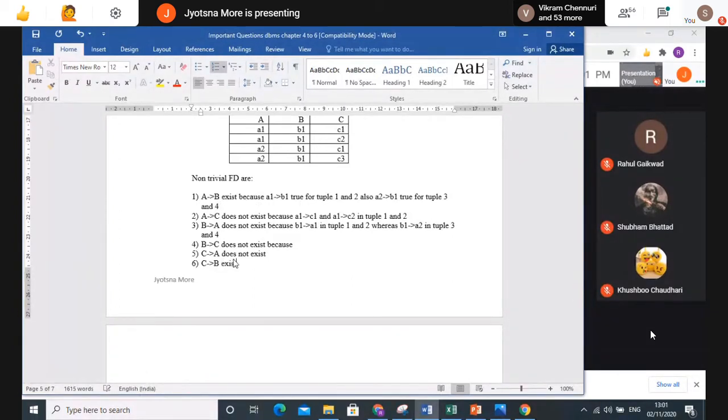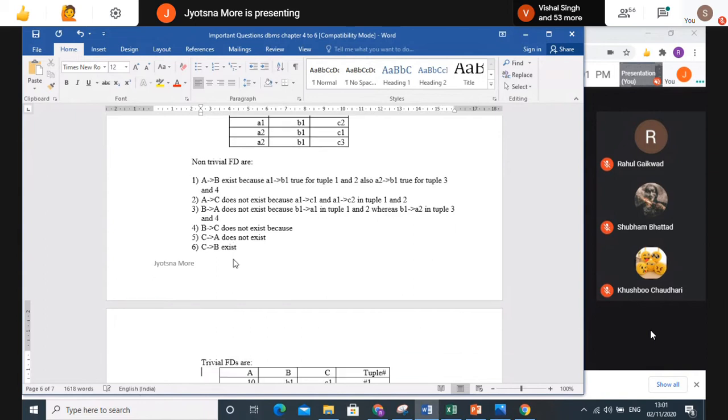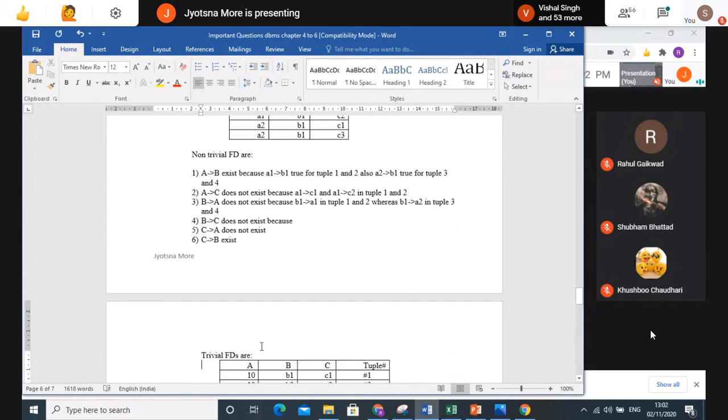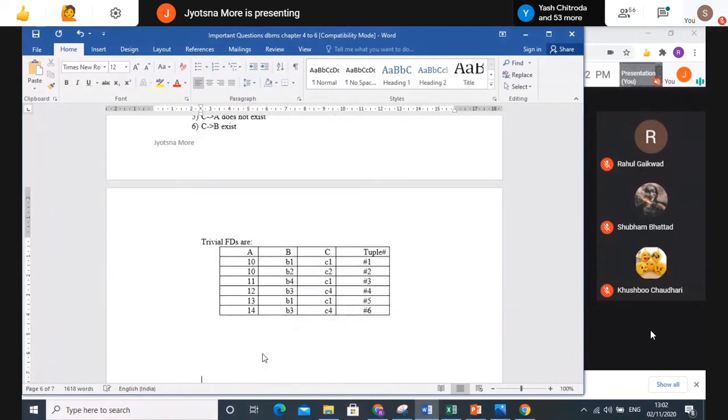Now we will take trivial functional dependencies. Check the trivial functional dependencies. These table things are very complicated in Word.